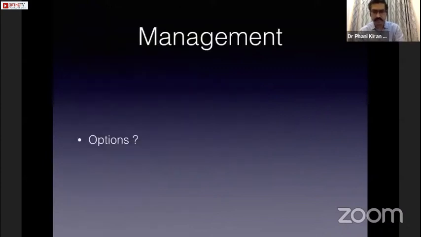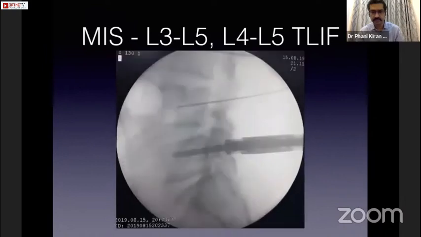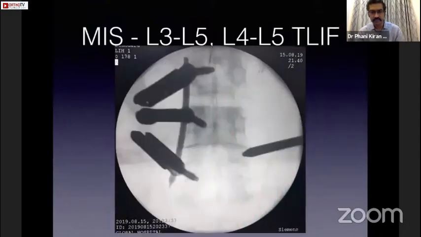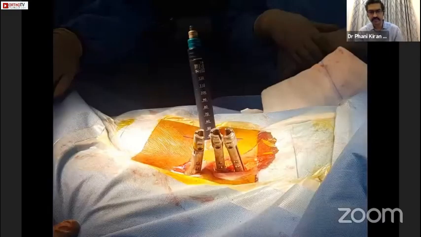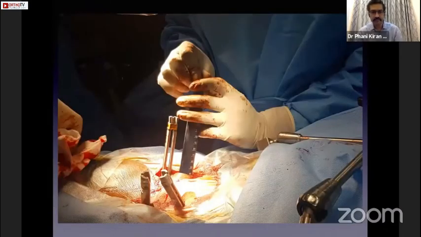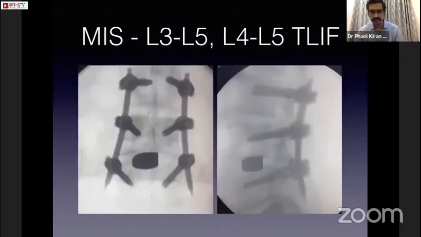So I opted for a fusion at both levels with a minimally invasive approach, with TLIF at the L4-5 level, with screws inserted on the right side first, held in distraction, and then tubular retractor assisted TLIF at L4-5, followed by decompression at L3-4 with discectomy and over the top decompression, and then completion of the fusion fixation.